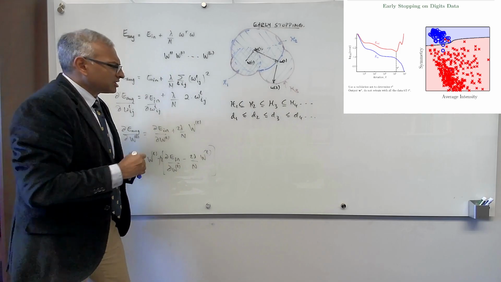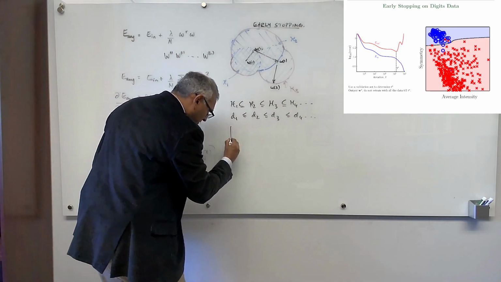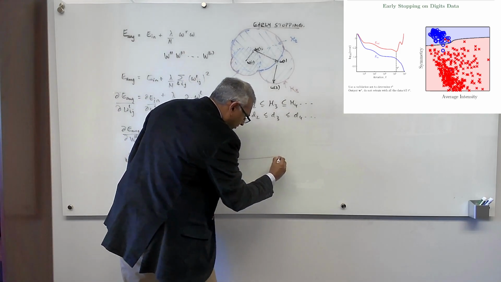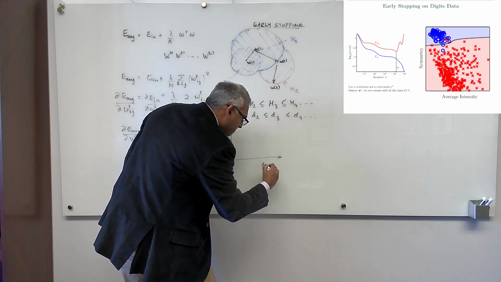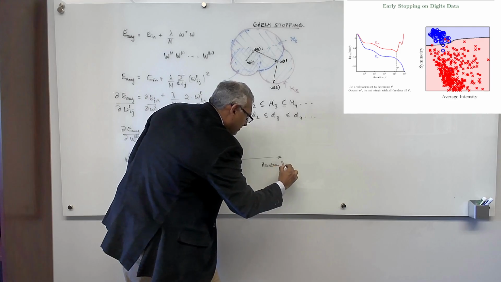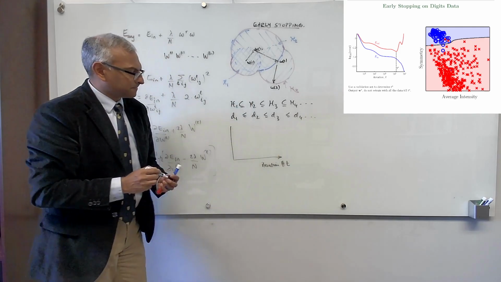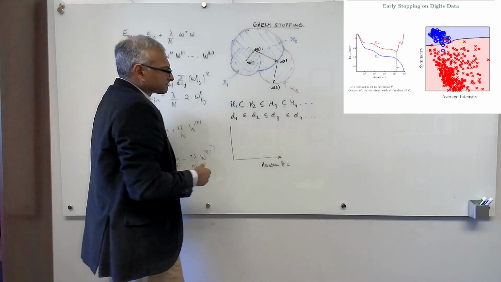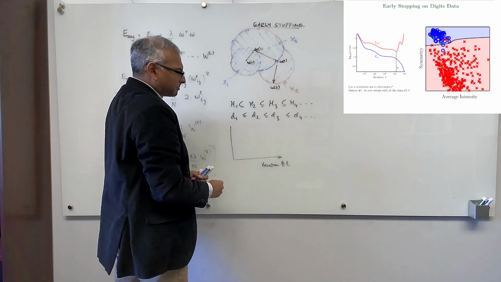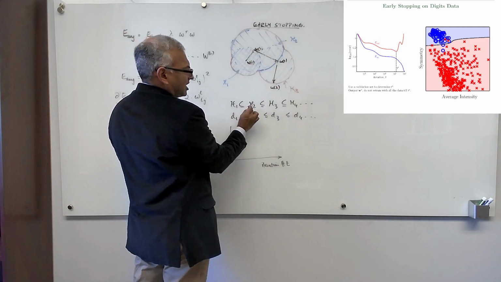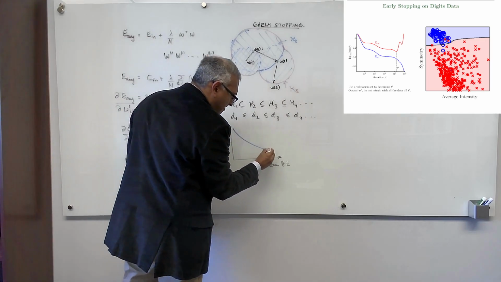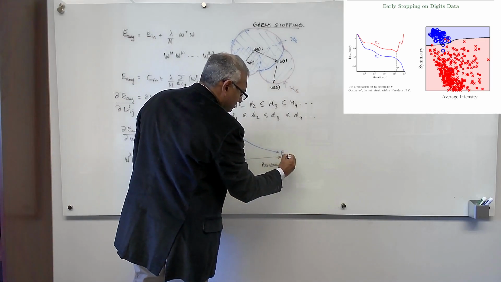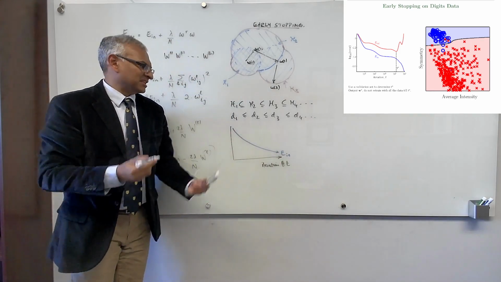What's the picture that goes along with this? If I plot iteration number T, then I'm picking the best hypothesis in larger and larger hypothesis sets. So the in-sample error will be going down, and that's no surprise because I'm minimizing the in-sample error.